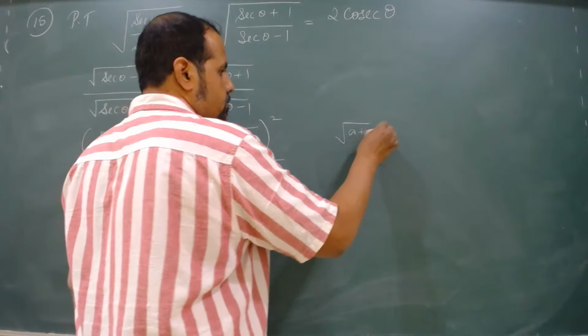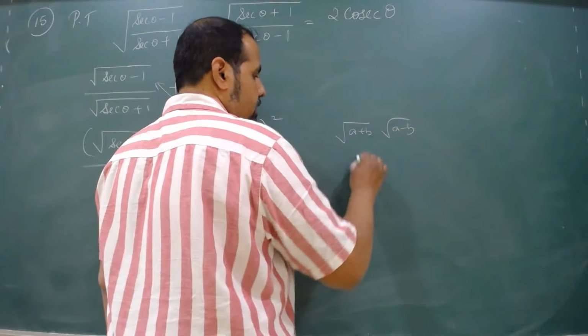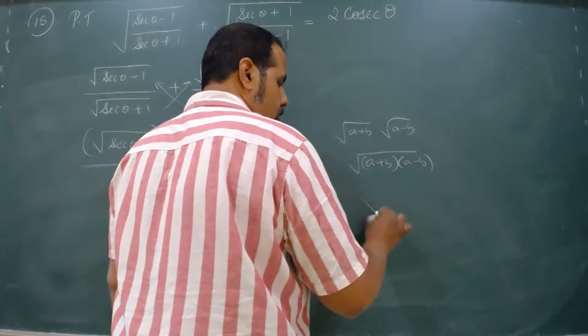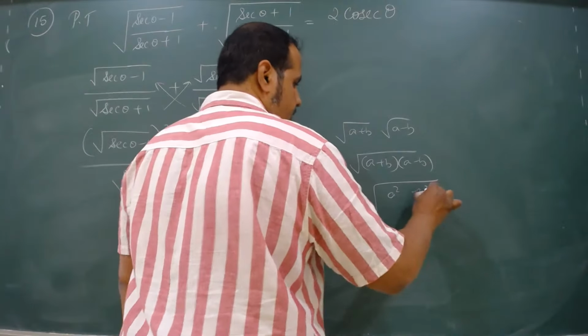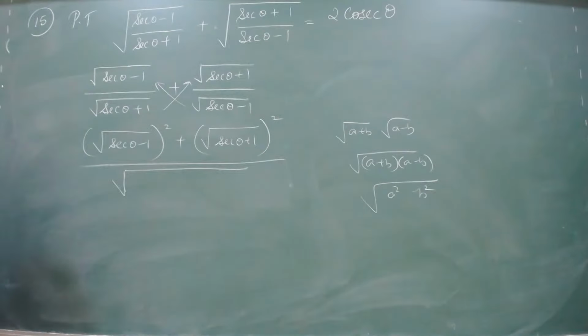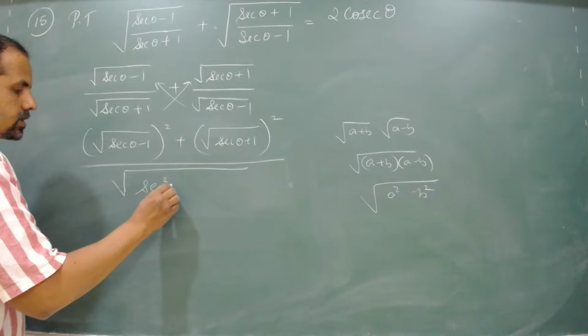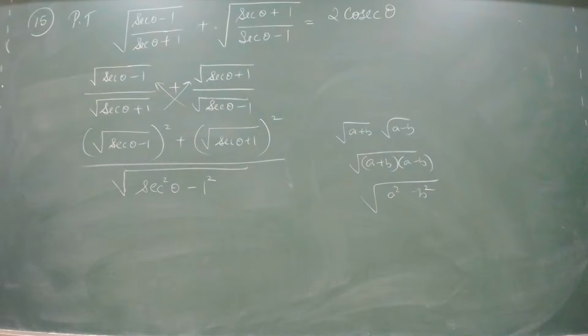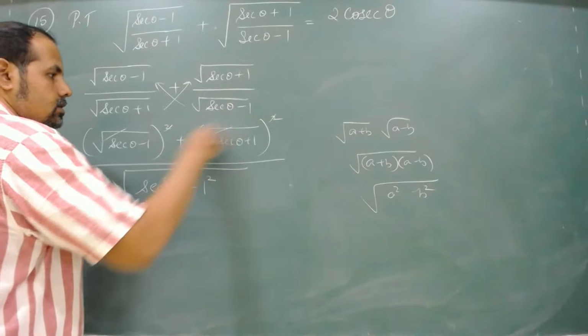Root a plus b into root a minus b can be written as root of (a plus b) into (a minus b), which is a square minus b square. Now this will be written as sec square theta minus 1 square. Square root gets cancelled.